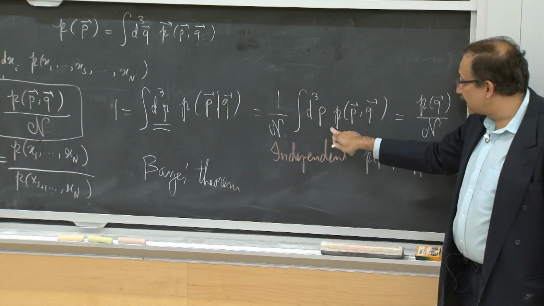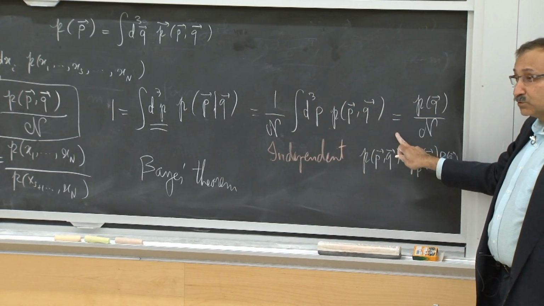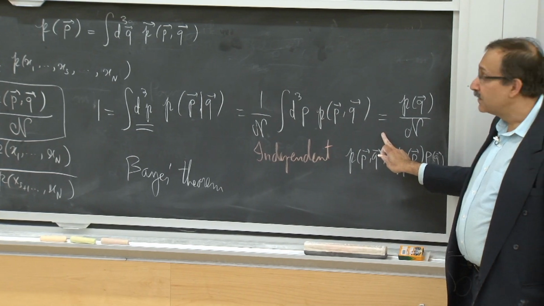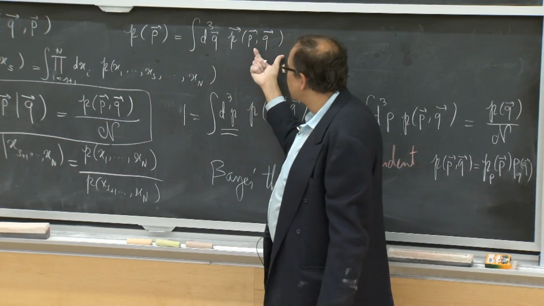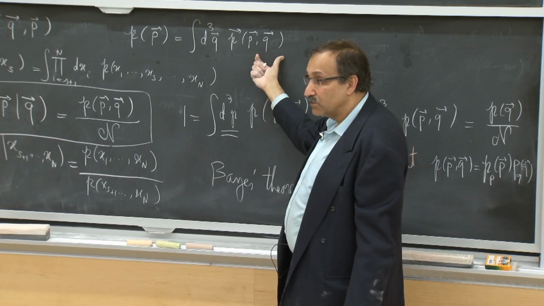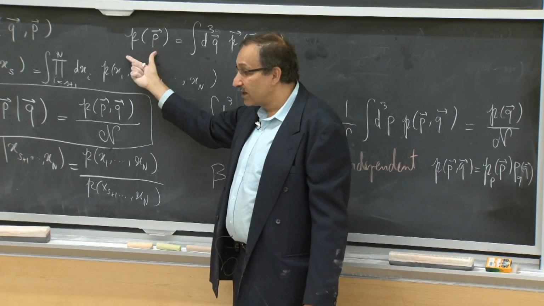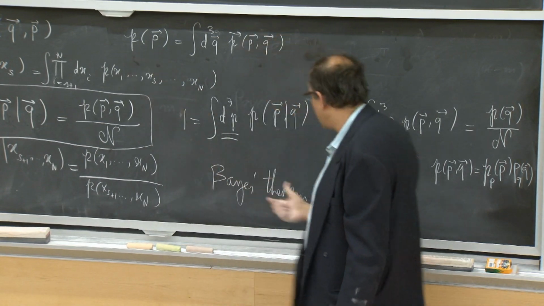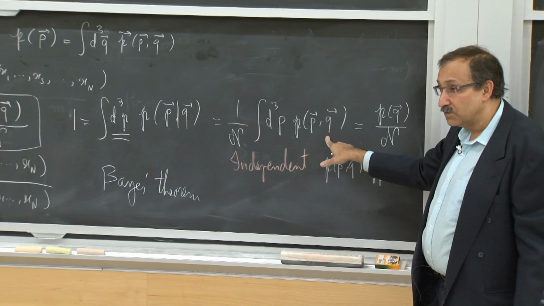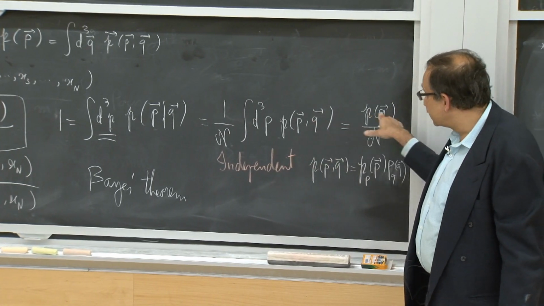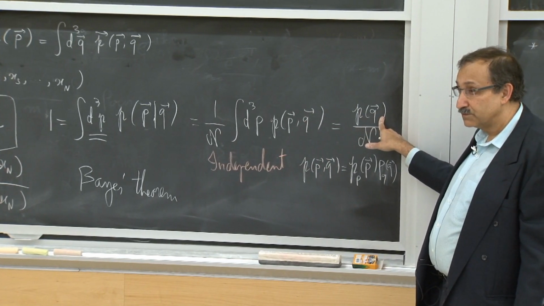What I have to do is an integration over momentum of the joint probability. I have said that an integration over some set of variables of a joint probability will give me the unconditional probability for all the others. So integrating over all momenta of this joint probability will give me the unconditional probability for position.